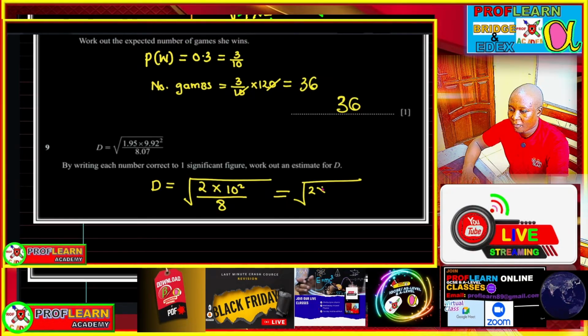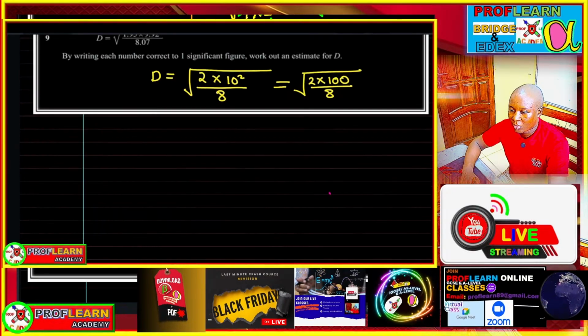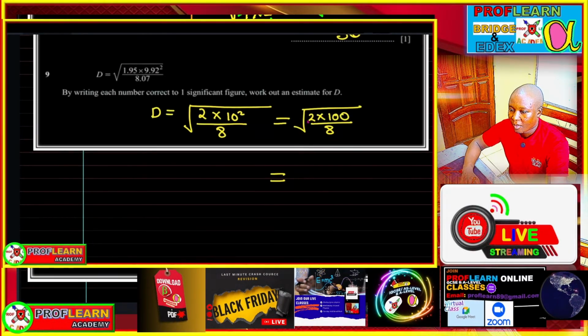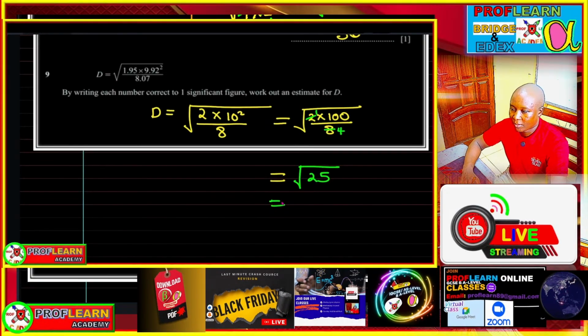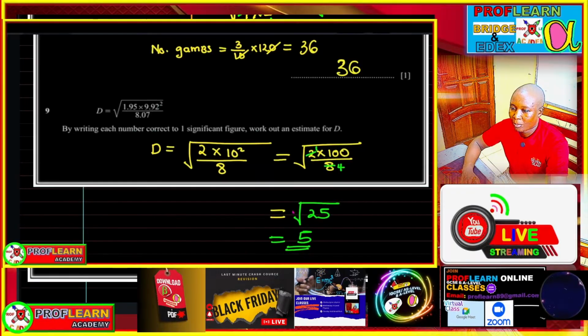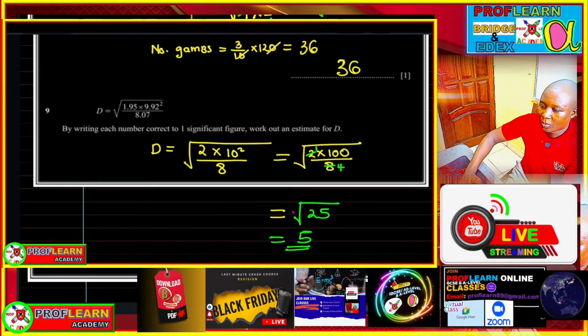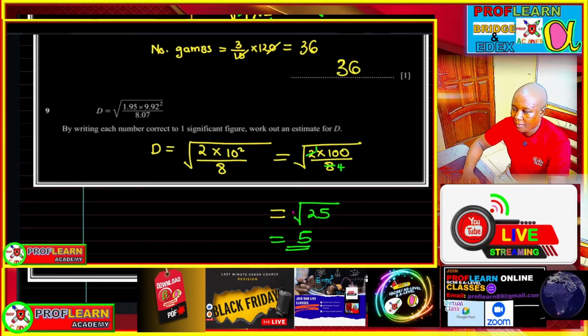Then if you simplify this, 4 goes into 100, 25 times, so that becomes 25. The square root of 25 is plus or minus 5. All right, so we can write 5 there and then proceed to the next part.